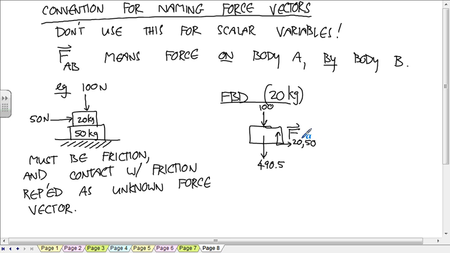So why did I make this the force on the 20 by the 50 instead of the force on the 50 by the 20? It has to do with which body you're isolating. So in a sense, you can think of it as any forces where you're using this notation, the first subscript is the chosen body, because you're figuring out the force that's on your isolated object.